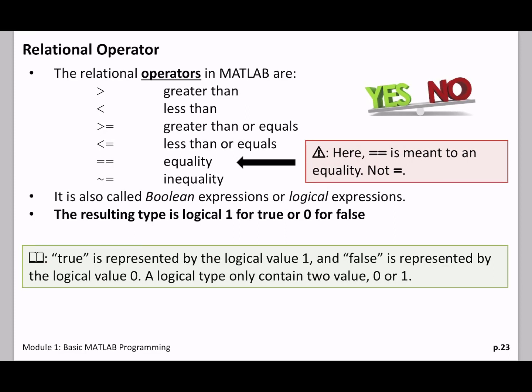Okay, so relational operator. A relational operator is to relate the two expressions, left and right hand side. This is an operator. This is also an operator, okay? Like plus and minus.